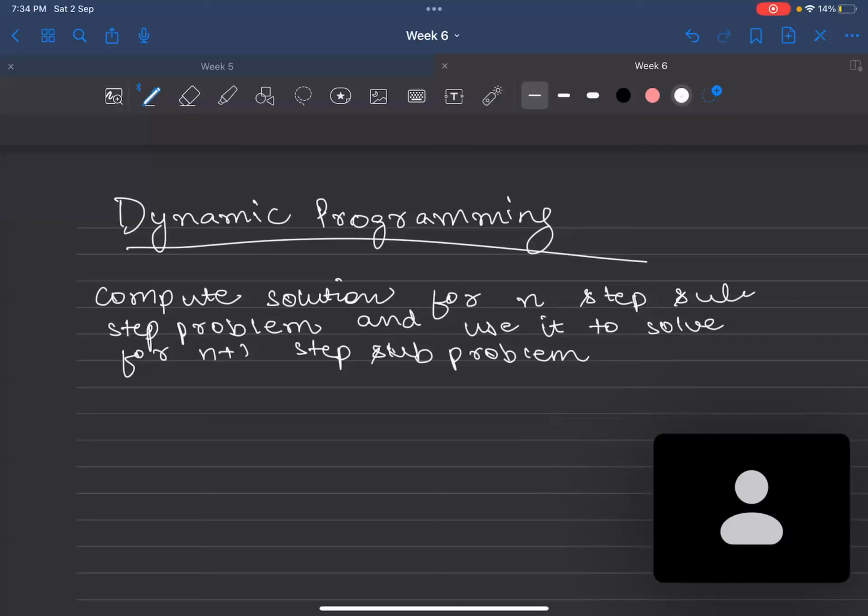Is it correct, first of all? Yes, it's correct. So can you explain this? It's a one-step solution, an iterative process. From the previous step, go to the next step. So basically compute the solution for n subproblems and use it to solve for n plus 1.